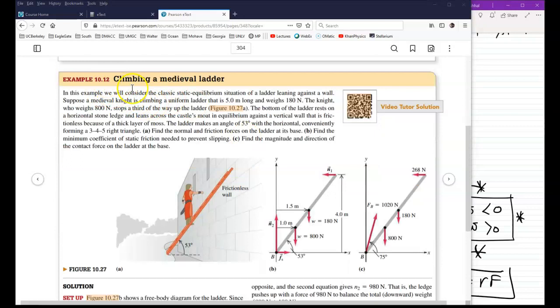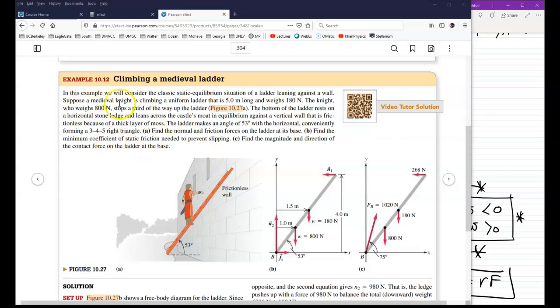Here it is right here, 10.12. So what you have in here is a ladder leaning on a wall, as you can see, and then you have a guy standing here painting the wall or whatever he's doing. He calls the example climbing a medieval ladder. Usually the example is a painter on a ladder.